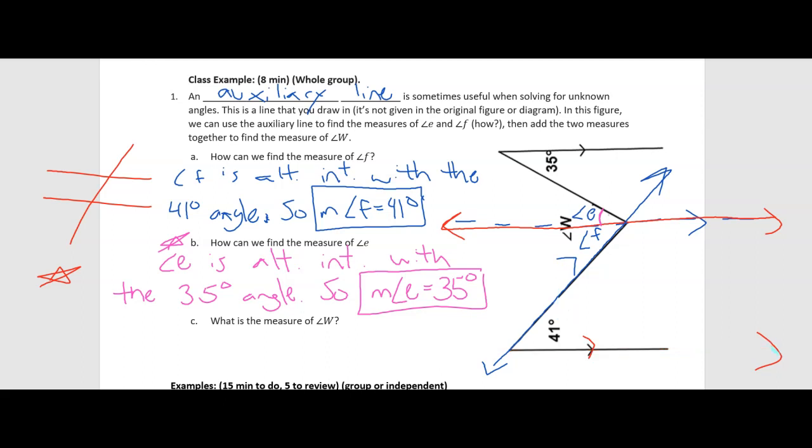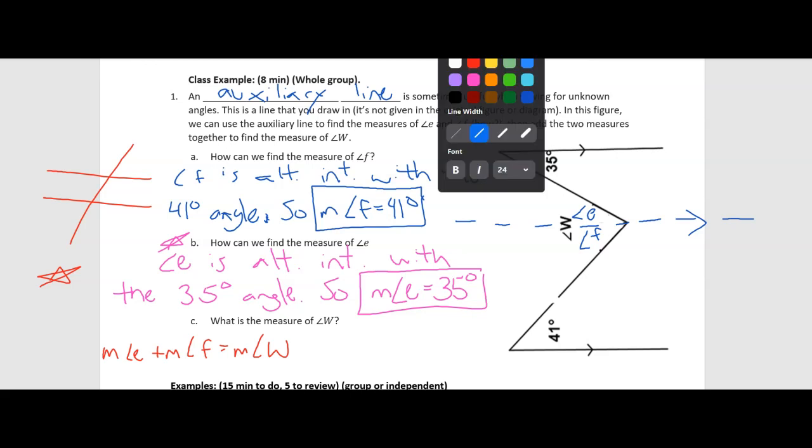Well, let's get rid of some of this so we again clear up our diagram a little bit. Okay, what's the relationship between angle E, angle F, and angle W? Well, this is the angle addition postulate. The measurement of angle E plus the measurement of angle F equals the measurement of angle W. So in this case, angle E is equal to 35 degrees.